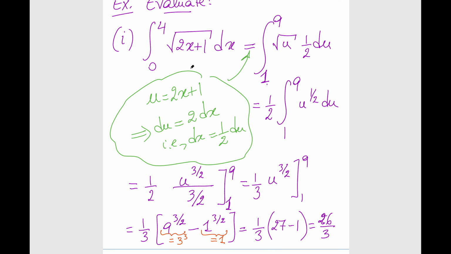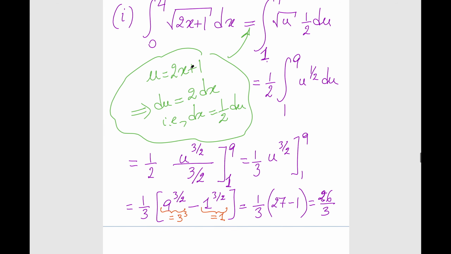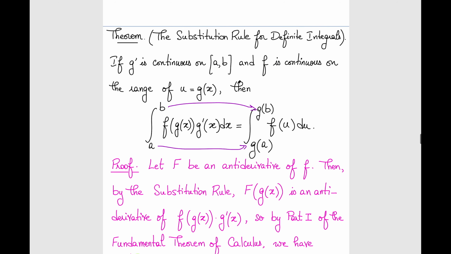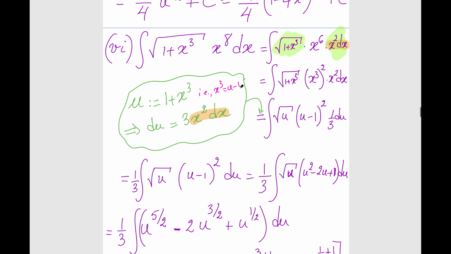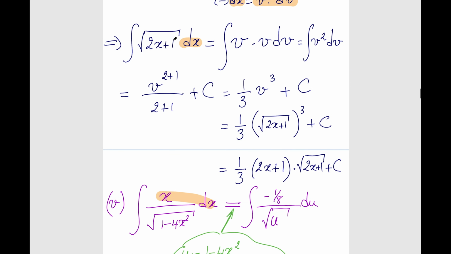Let me show you a different way to do it without appealing to the substitution rule for definite integrals. Remember at the time we integrated this integral, we found a primitive for it, and it was this.